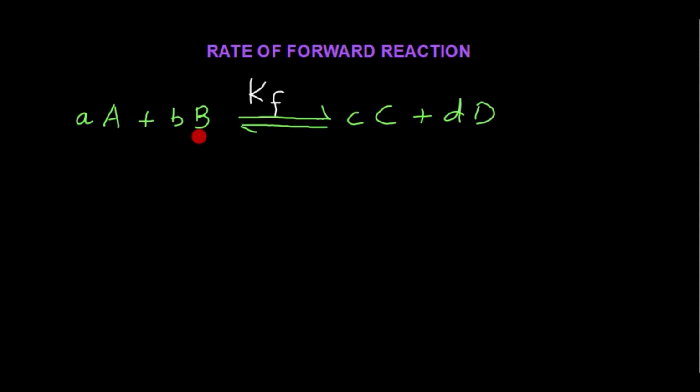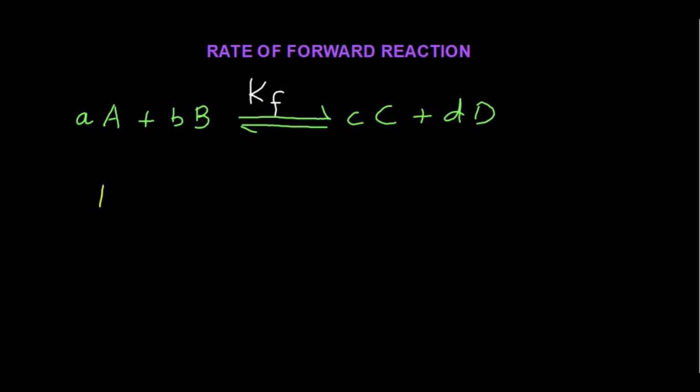Now, if we want to calculate the rate of the forward reaction, Rf, then Rf is directly proportional to the molar concentration of A raised to the power a into the molar concentration of B raised to the power b.